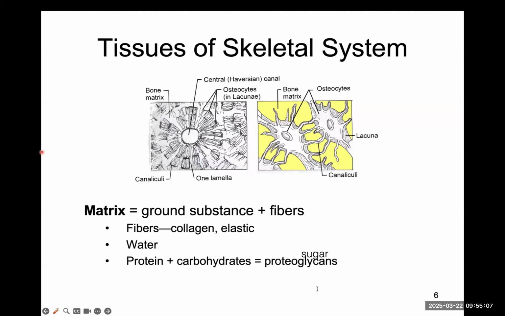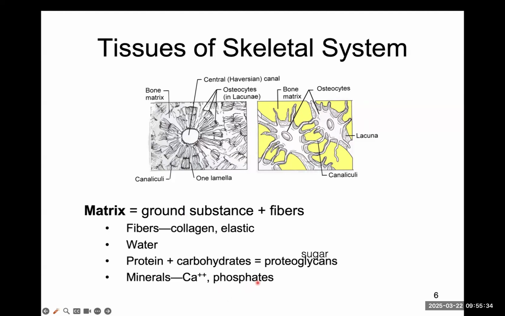It's a type of sugar. So you've got a hybrid kind of chemical that has both components of protein and carbohydrates. In addition to the ground substance, we'll also have minerals in there, like calcium and phosphorus or phosphates.